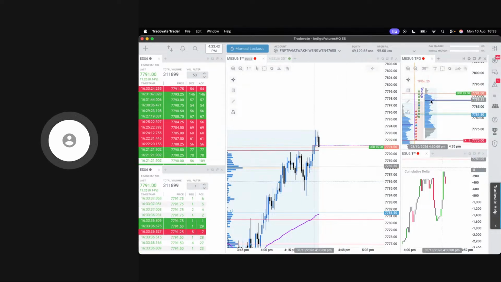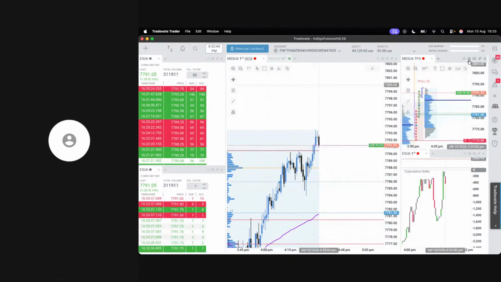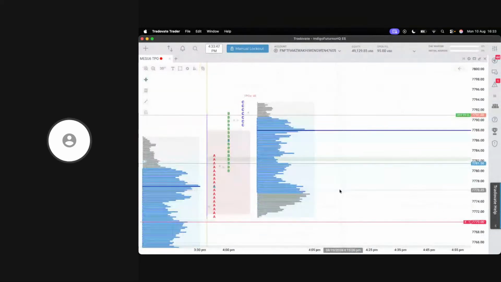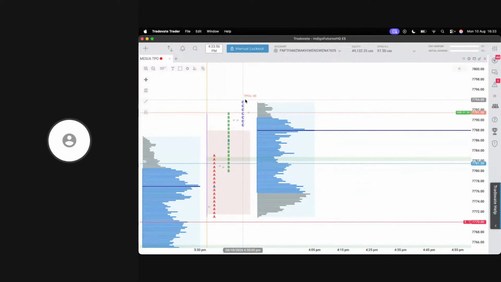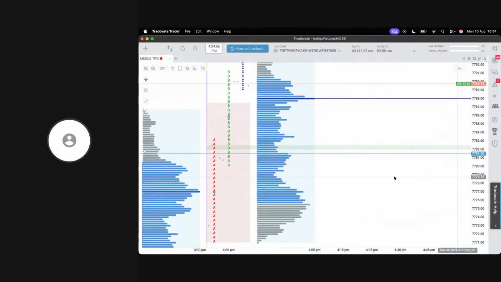So what would be structural weakness? Well, for example, this is a buying tail. We're buying tails on the A's, cool. And the B's printed higher, and now we're in the C prints. Structural weakness would be us printing below the B's, below this last B, basically printing in the 70s.